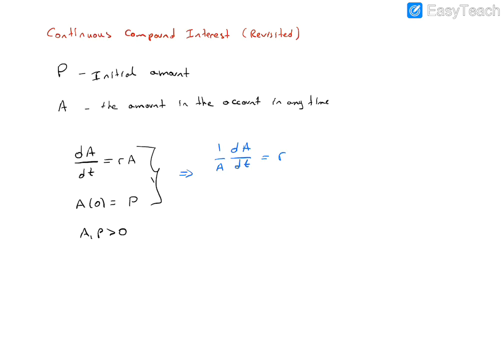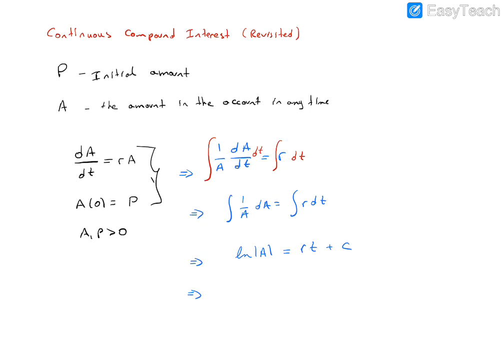So if we integrate both sides with respect to t, dt cancels and you obtain the integral of 1 over A dA equals the integral of R times dt. R is constant. So on the left-hand side, the integral of 1 over A with respect to A is ln of the absolute value of A. A is positive, so the absolute value is not necessary. On the right, the integral of R is R times t plus a constant term C.